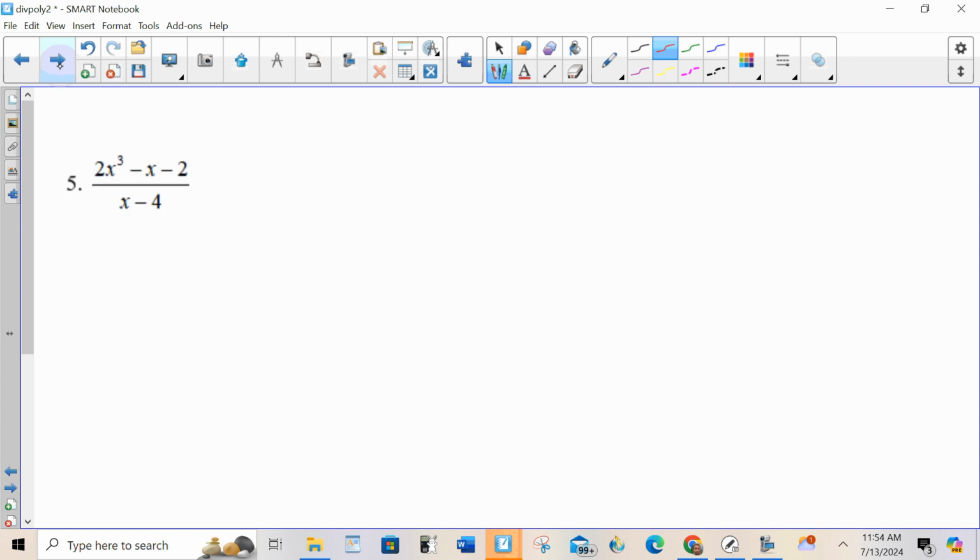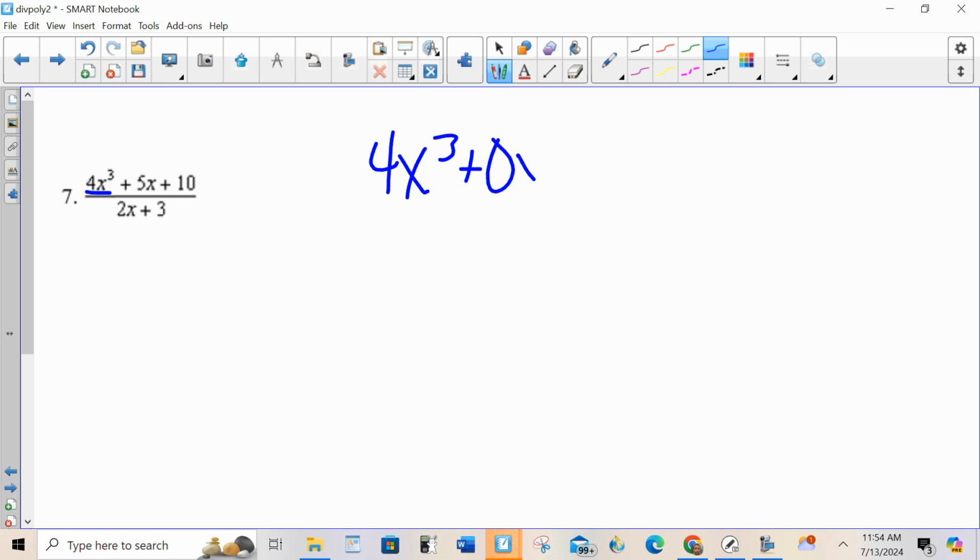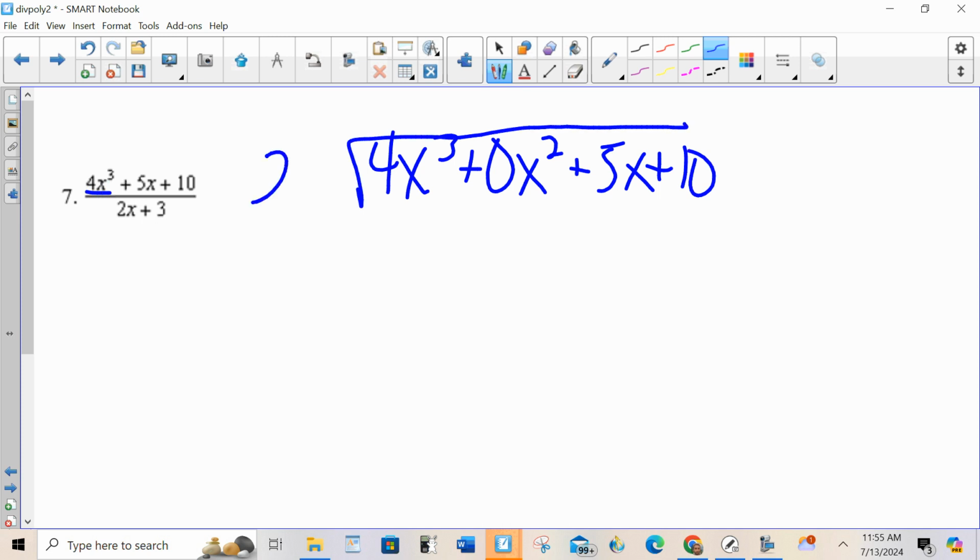That must be the case. So for number 7, after x to the third should be x to the second. There is no x to the second. So what I need to do is I need to put 0 as a placeholder. So 4x to the third plus 0x squared plus 5x plus 10 divided by 2x plus 3.